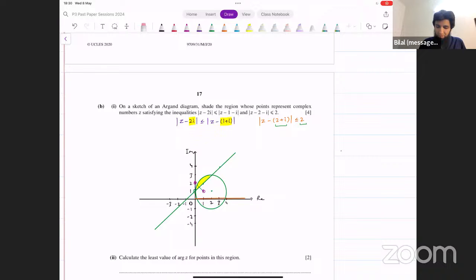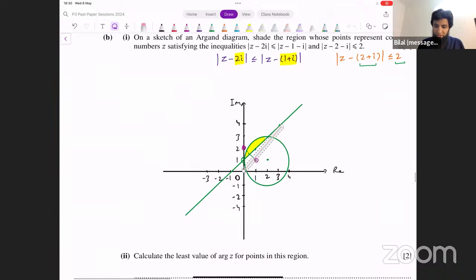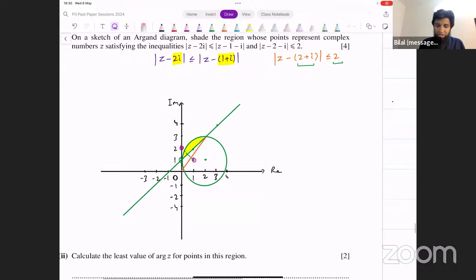Okay, let's keep increasing the argument. When do we first touch that shaded part? Let's keep taking it upwards. Let me actually enlarge it a bit. When do we first touch that shaded part? I'm increasing the angle, right? This is where we first come in contact with that shaded part, this point here. This is the least argument that we are looking for.